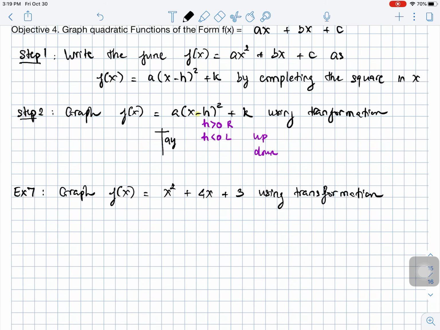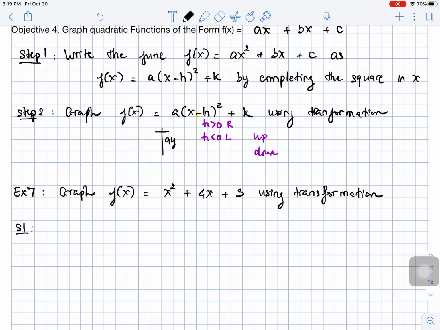But we need to notice that we need to have a minus in front of that number h. For the a, we will begin from the original table, and then whatever the a is, we will multiply the a by the y, which is the output.